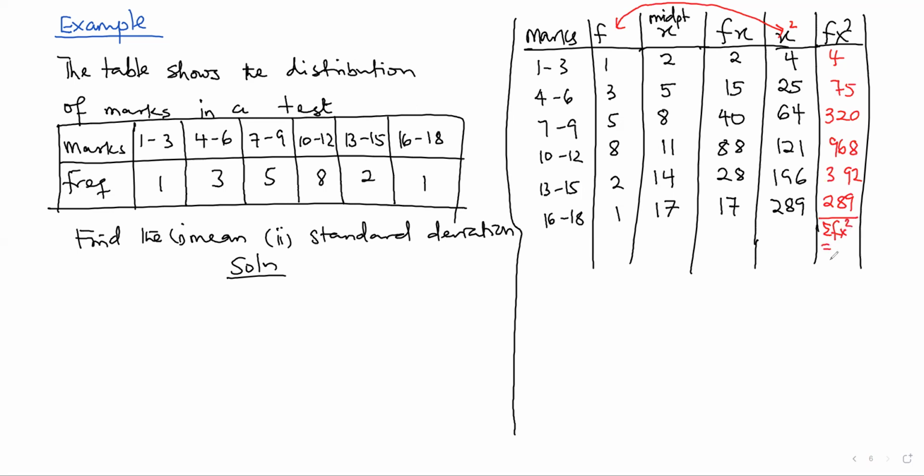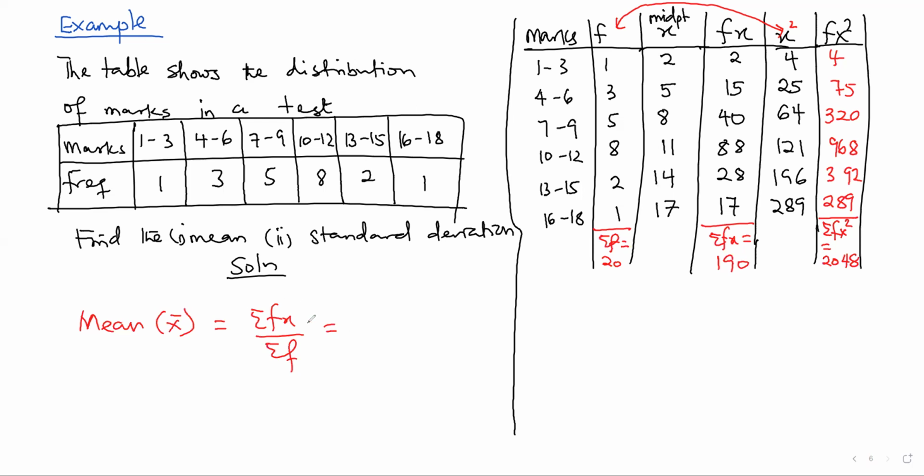And when we sum all this, 4 plus 75 all the way to 289, will give us 2048. Now we sum fx, we will get 190. And we sum our f, we will get 20. So our mean, which is x bar, is your summation of fx over summation of f.